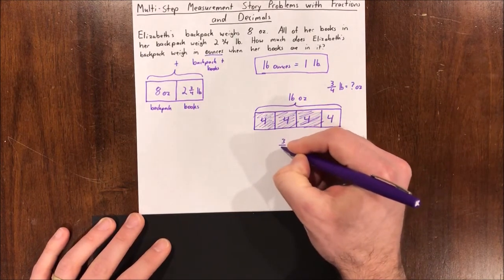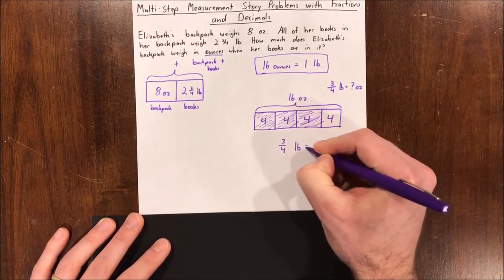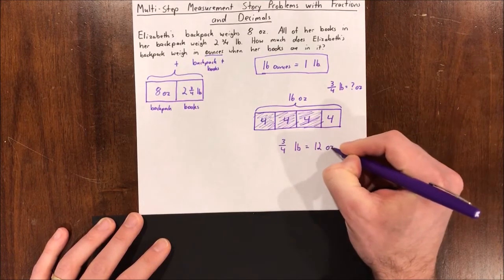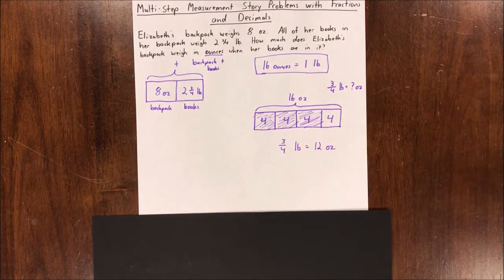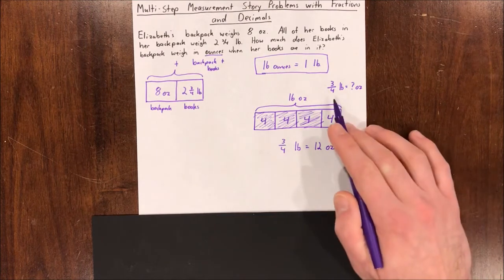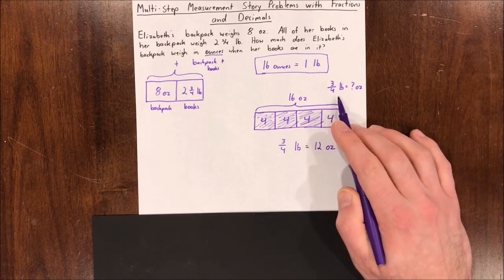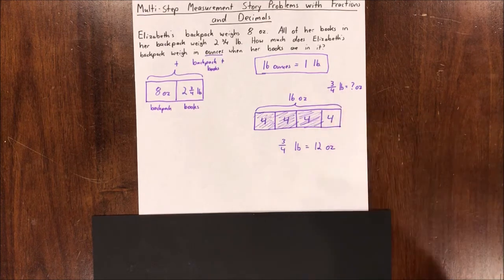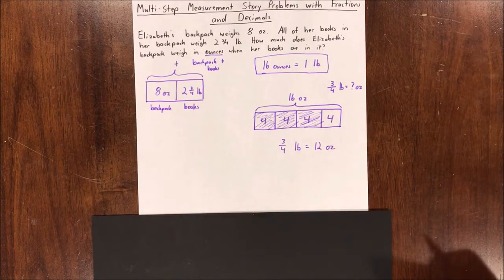So 3/4 of a pound equals 12 ounces. Cool. All right. So if you want to use a tape diagram to help convert a fractional part of a unit, like we had here, what do you need to be asking yourself and thinking about? Go ahead and say it out loud.